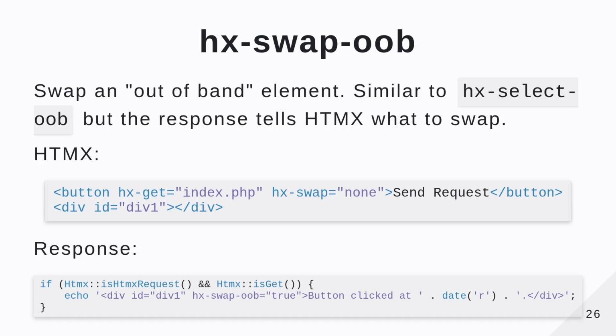There's also a concept of swap out-of-band, which is kind of similar to select out-of-band, but in this case it's the response telling the page what to swap inside the context of the page. So the button here has no concept of what a div1 is, but the response comes back with div1 and says hx-swap-oob equals true, or out-of-band equals true.